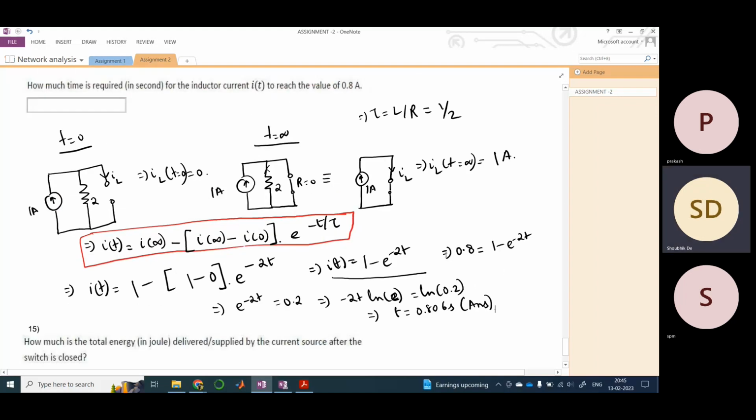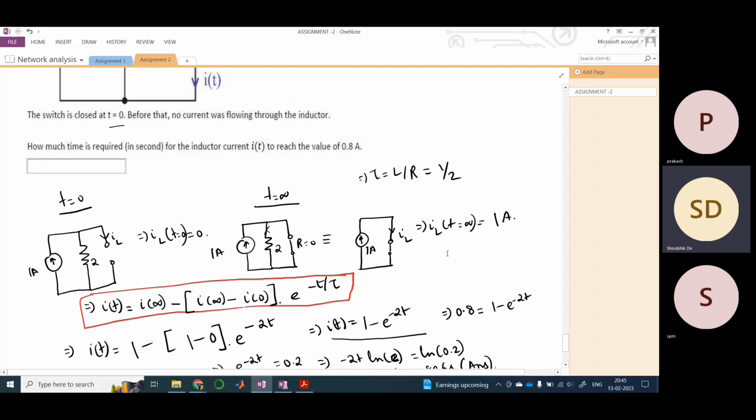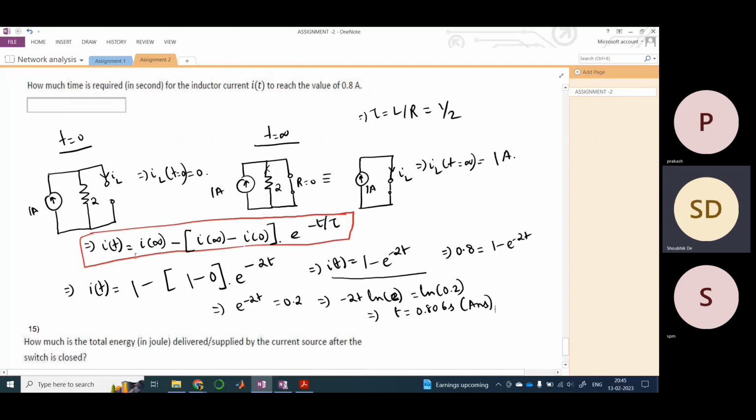The basic concept here is that you need to remember this equation, and this is valid for current as well as voltage. So, for example, you are given a capacitor where the capacitor is initially uncharged and it is getting charged. So you need to find out what is the voltage across the capacitor with respect to time.